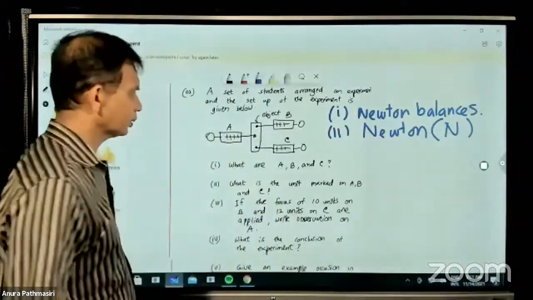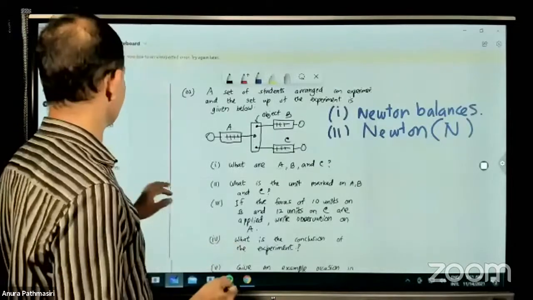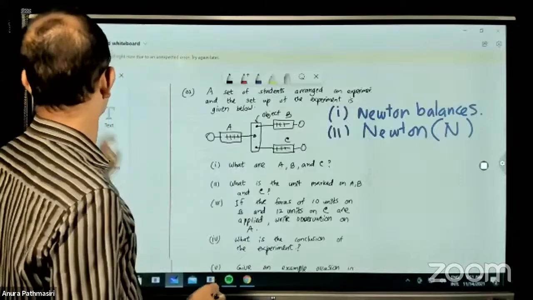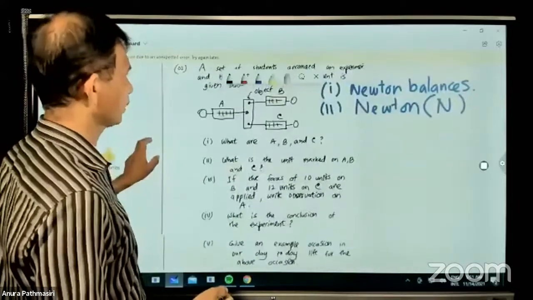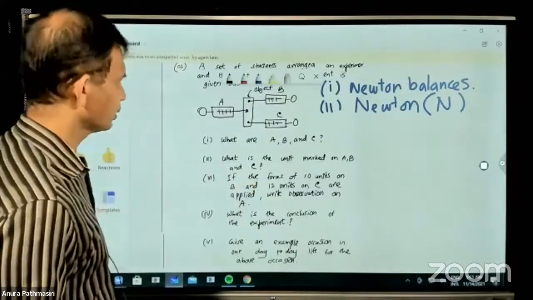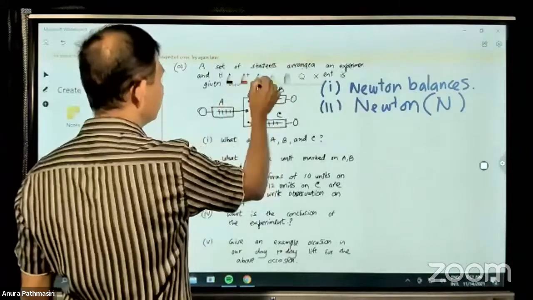If the forces of 10 units on B, then B මත දානවා.